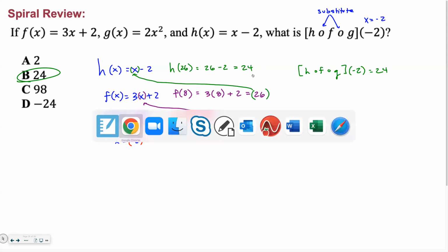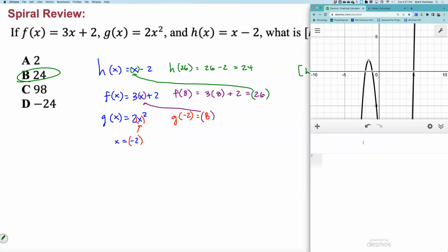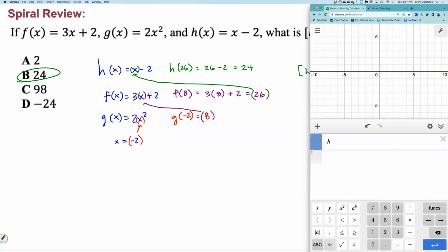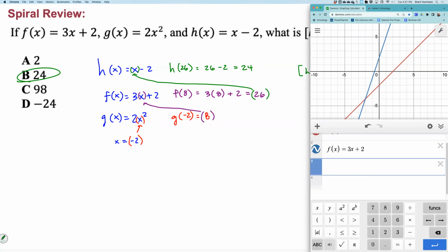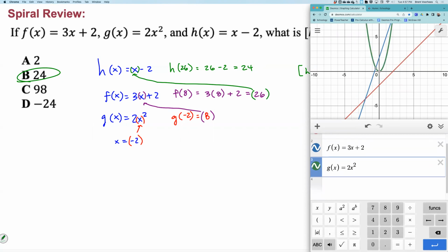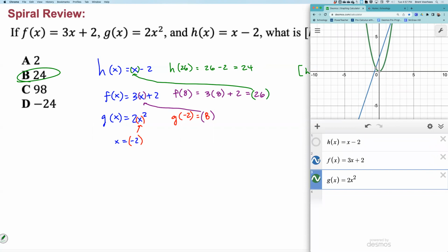You could also graph these if you wrote these out like this. H of x equals x minus 2, f of x equals 3x plus 2, and finally g of x equals 2x squared. If you write all those out, you wouldn't need to see the graphs, but you could write out the algebra.